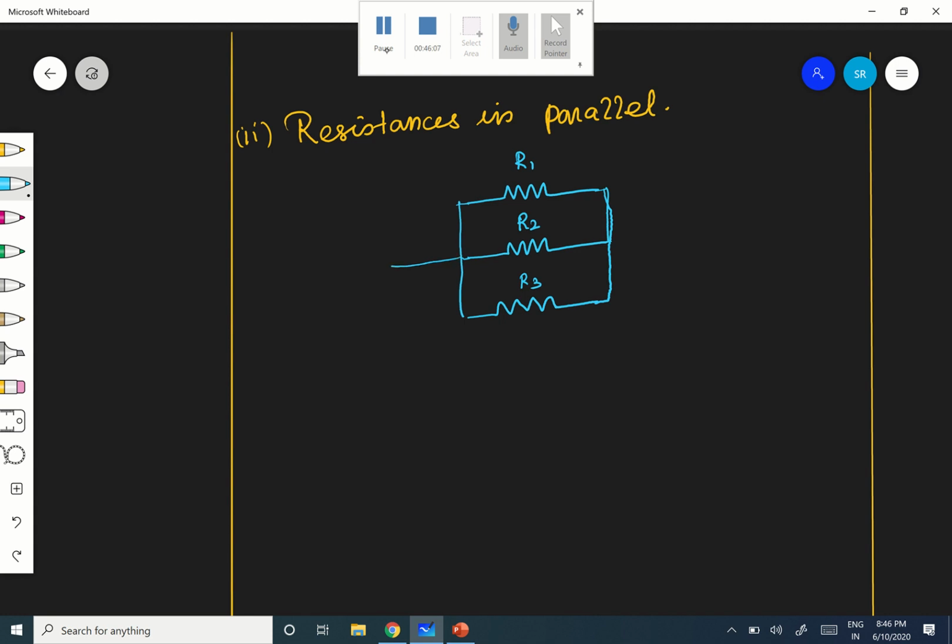Now, what am I doing? I am connecting it with the battery. Very simple.